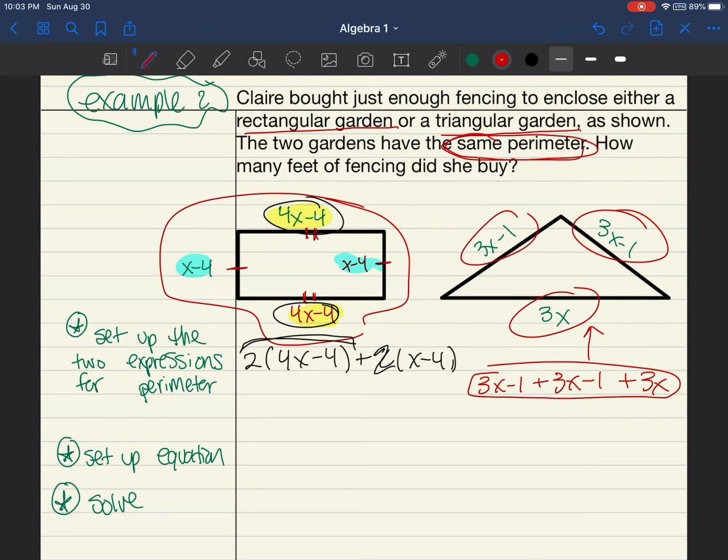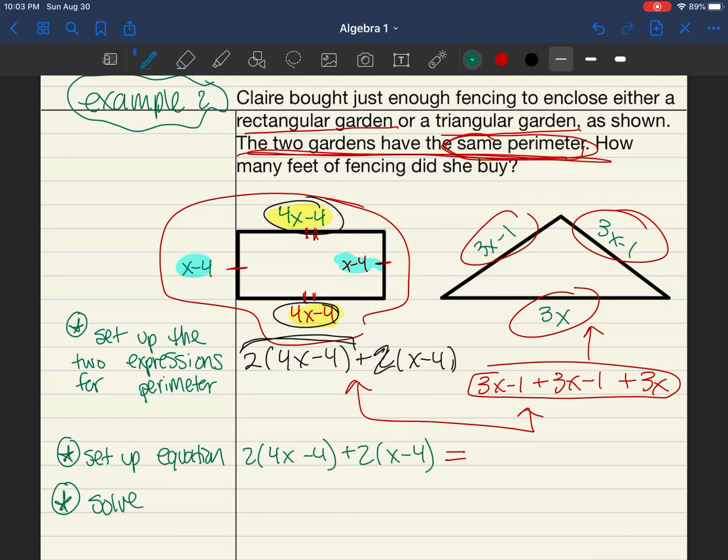Then it says set up the equation. Well, it says the two gardens have the same perimeter. So if these perimeters are the same, we can say that they're equal. So that's going to be our equation setup, setting both perimeter expressions equal.